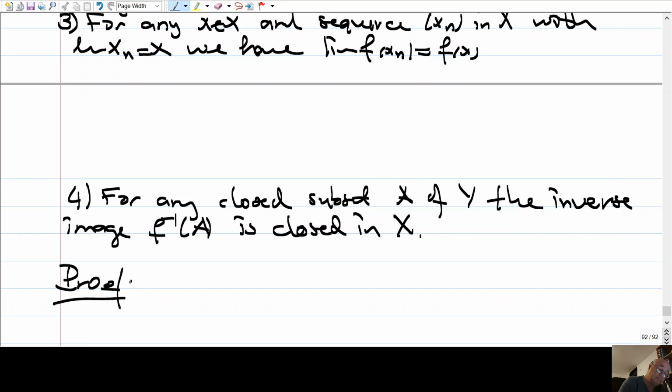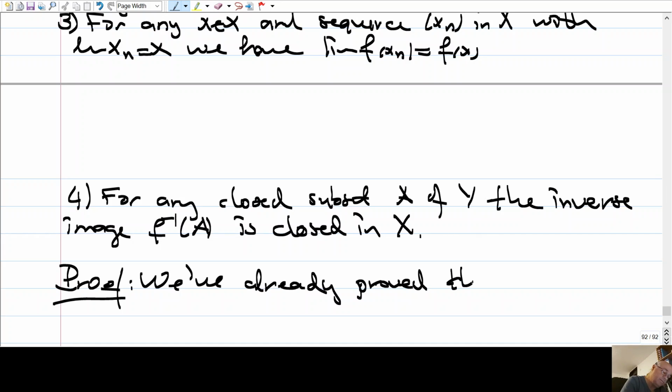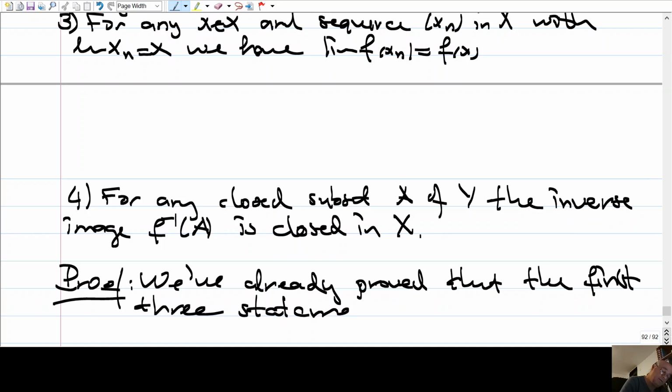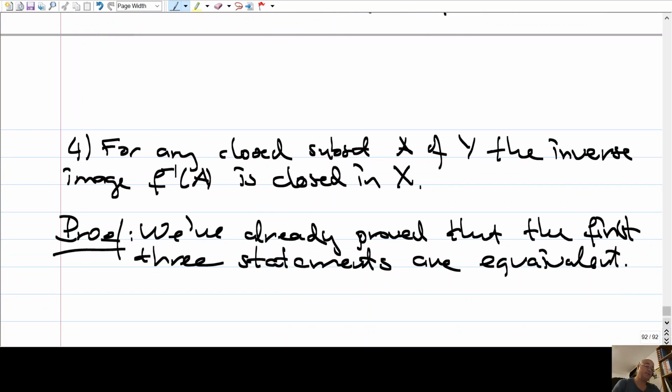Proof. We have already proved that the first three statements are equivalent. So we just need to show that the fourth one is equivalent to the first three statements.